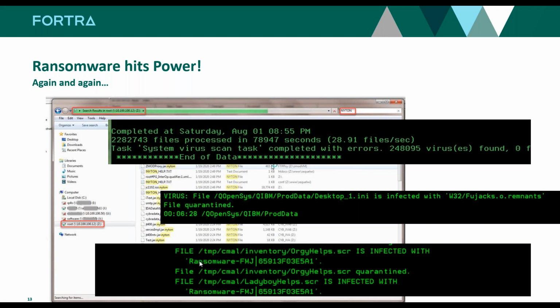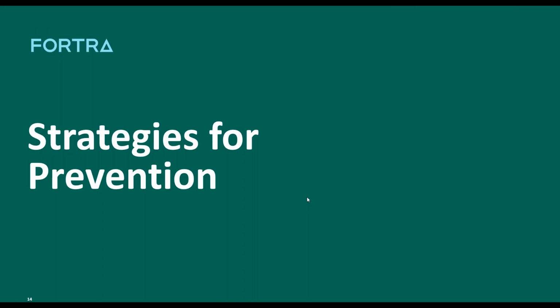Just in the last month, I worked with another customer who had smaller impact, with 185,000 files encrypted in their IFS by ransomware. So it does keep happening. It is truly just that other server that is going to be impacted if you are not paying attention to how it can get to the system and how they're going to be able to attack that server. So figure out how you're going to create those layers and build out strategies to prevent these attacks from happening.